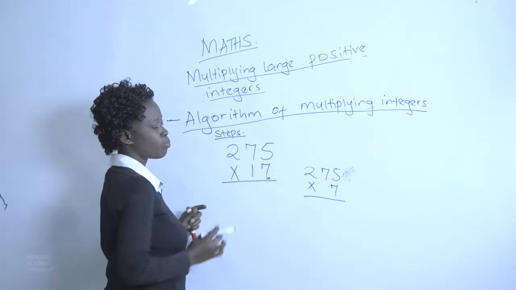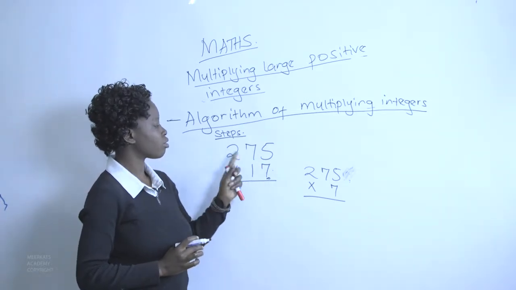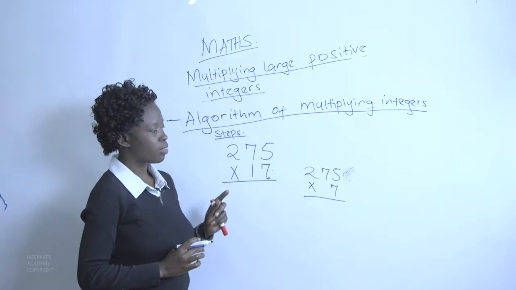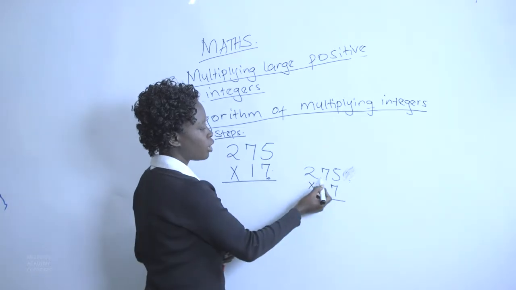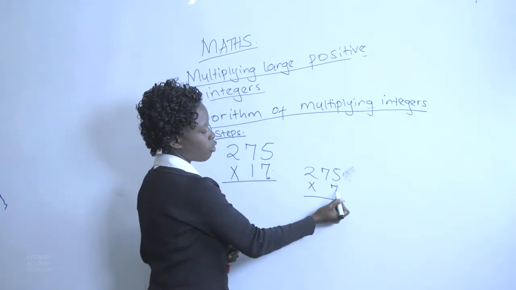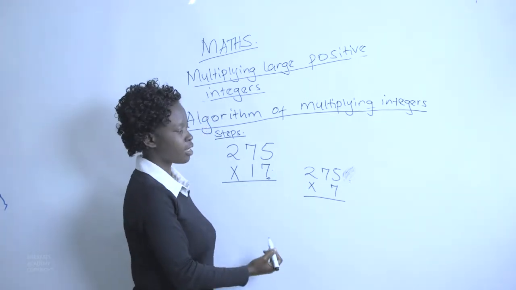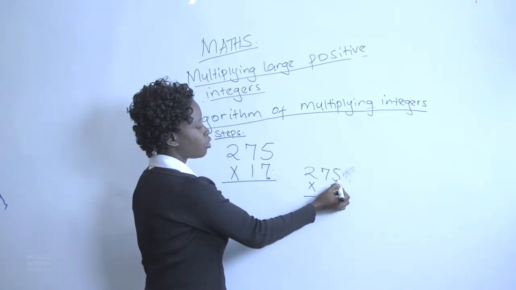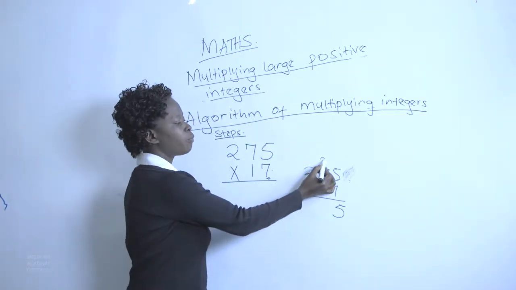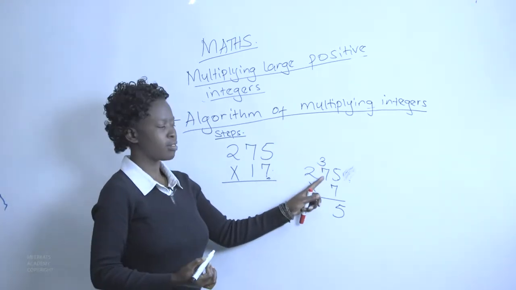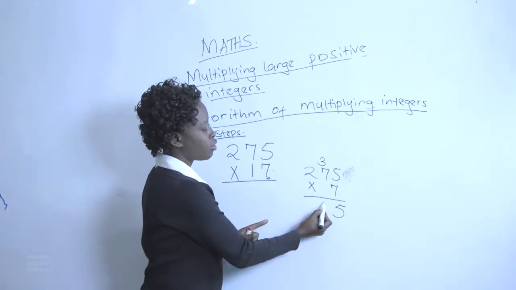The digit in the ones place value of the second number is going to multiply the numbers that we are having as our first digits. So as we multiply 275 by 7, we follow the normal procedure that we use with small positive integers. So I'll have 7 multiplied by 5, that is 35. I write 5, carry 3. Then 7 multiplied by 7, we get 49. 49 plus 3, that is 52.